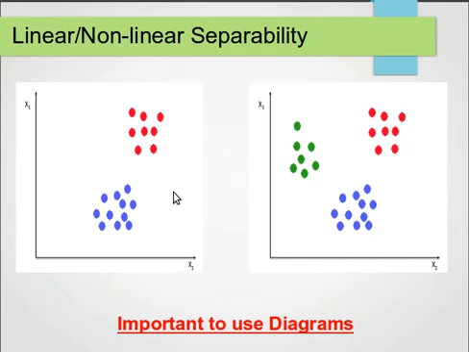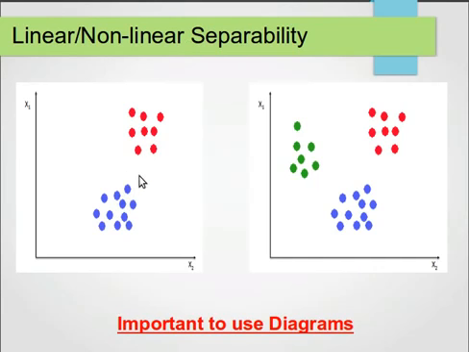We measure height and weight, and let's assume that we plot height and weight against each other in this 2D diagram, with weight on the y-axis and height on the x-axis, and the red dots are males and the blue dots are females. Now you can see that we can nicely draw a straight line that perfectly separates the two categories or classes. This data is said to be linearly separable.